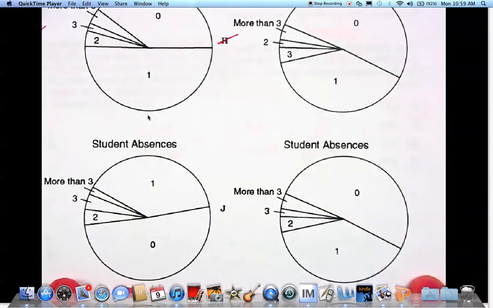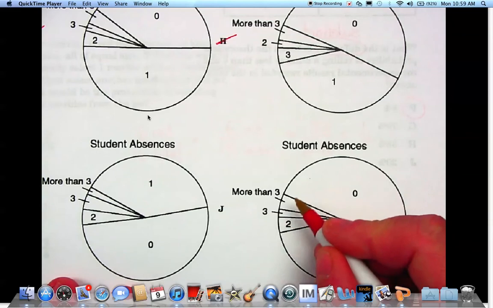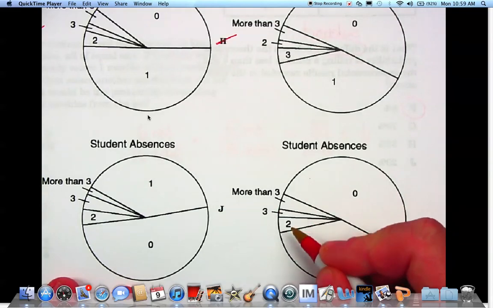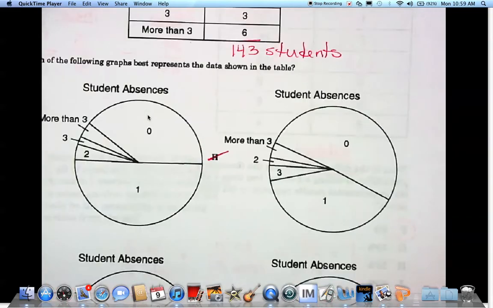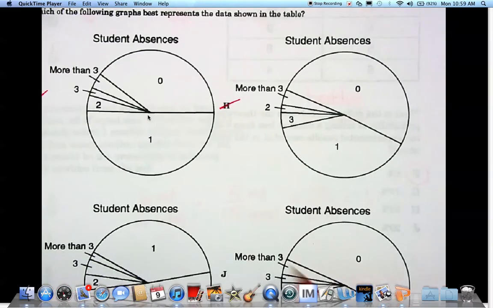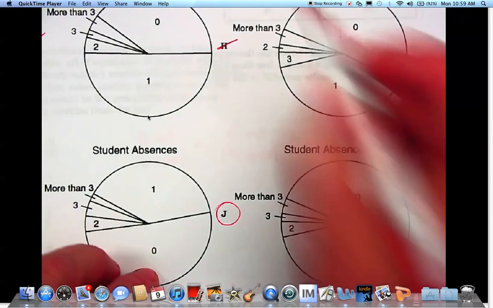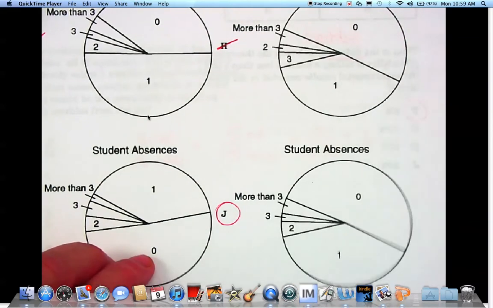So it's got to be J. We've got 2 and more than 3 are the same. 3 looks about half as much as those. The 0 absences are larger than the 1 absence. So J looks good. So we really didn't have to figure out that there were 143 students, but you could.